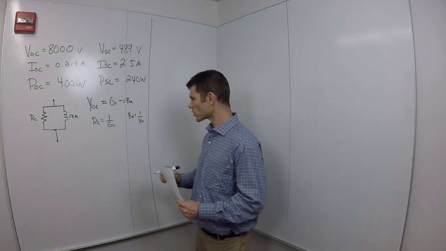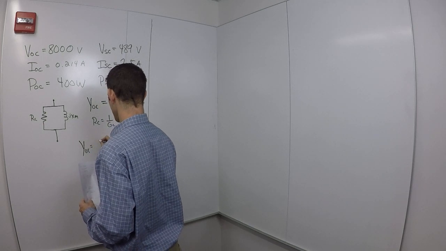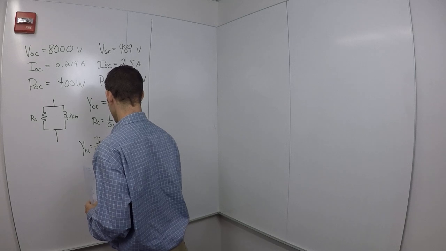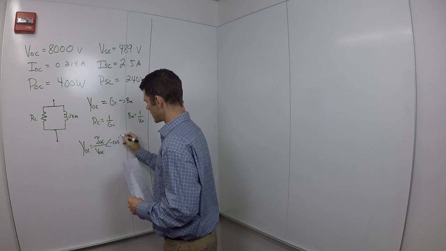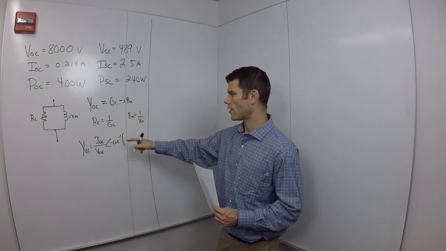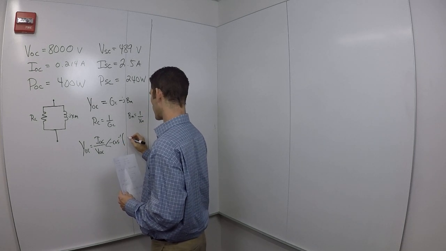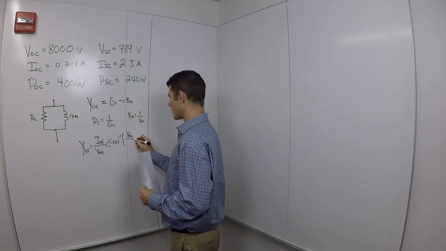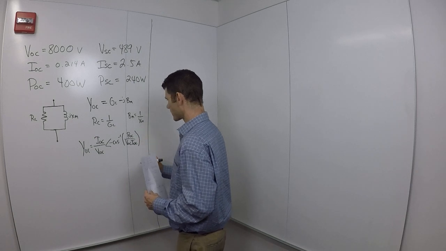So, to get the admittance here, we'll take the current divided by the voltage, but then we give it an angle of negative cosine inverse of the power factor. It's negative because this is the admittance angle and not the impedance angle. Remember, the power factor is the power divided by the apparent power, which is the voltage times the current.